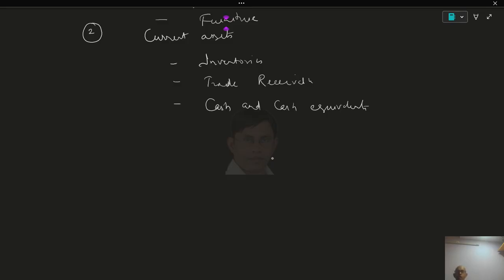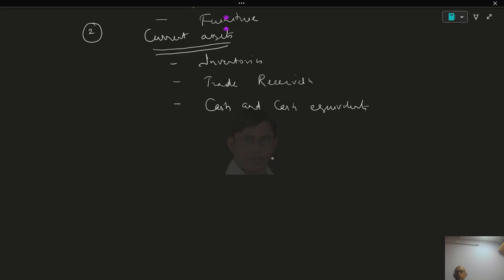So all those are cash and cash equivalents, particularly cash and bank balances. This order is important. It is recommended that the assets be in this particular order. Again, the items are based on the question. Based on the items that have been given in the question, the list of current assets should be prepared.